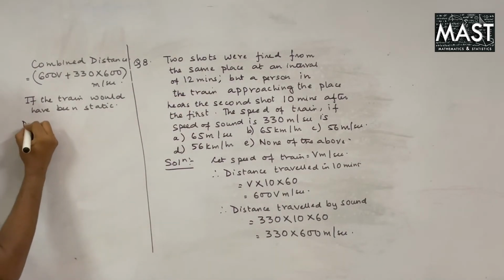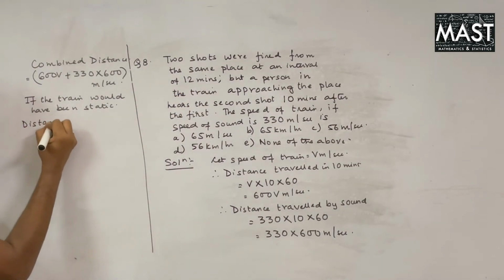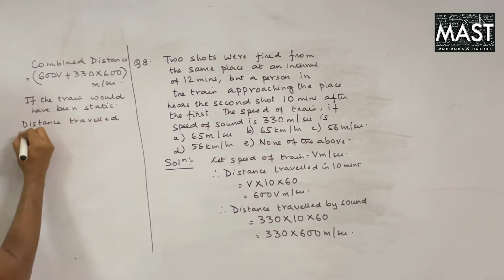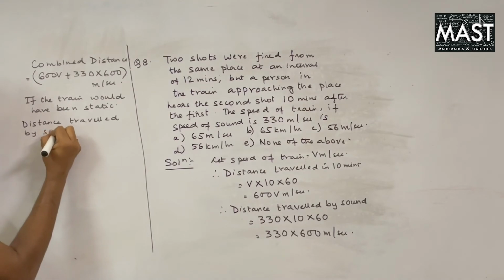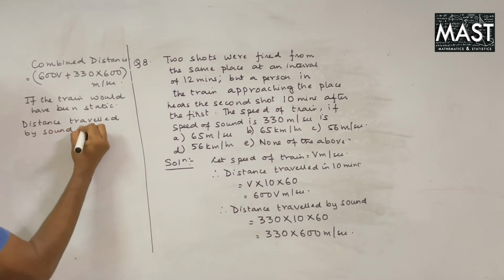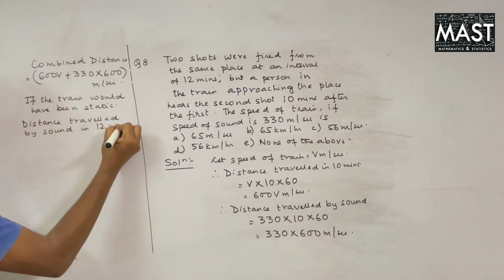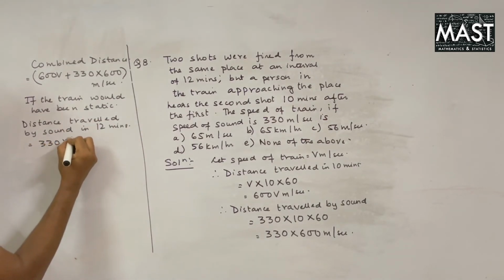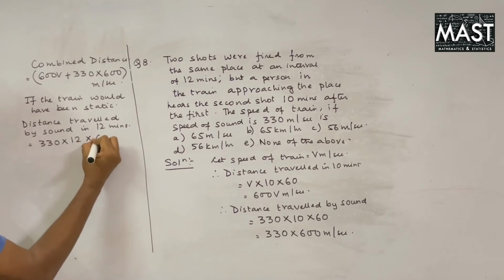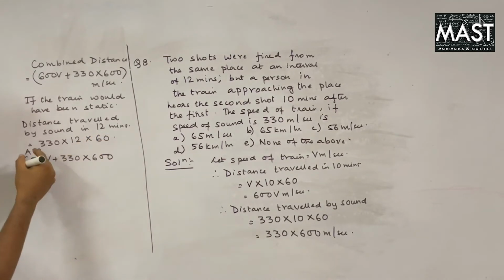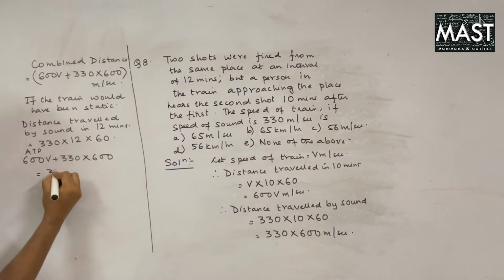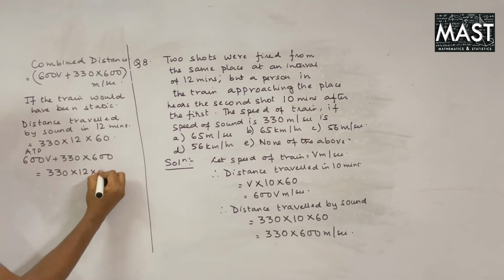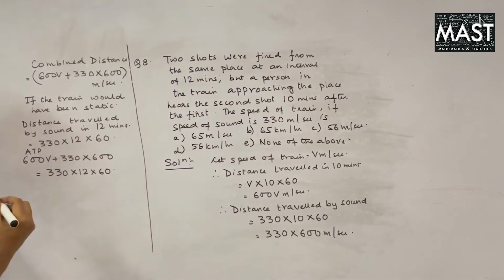So, the distance travelled by sound in 12 minutes would have been 330 into 12 into 60. According to the problem, the combined distance is equal to the distance the sound would have traveled in 12 minutes.